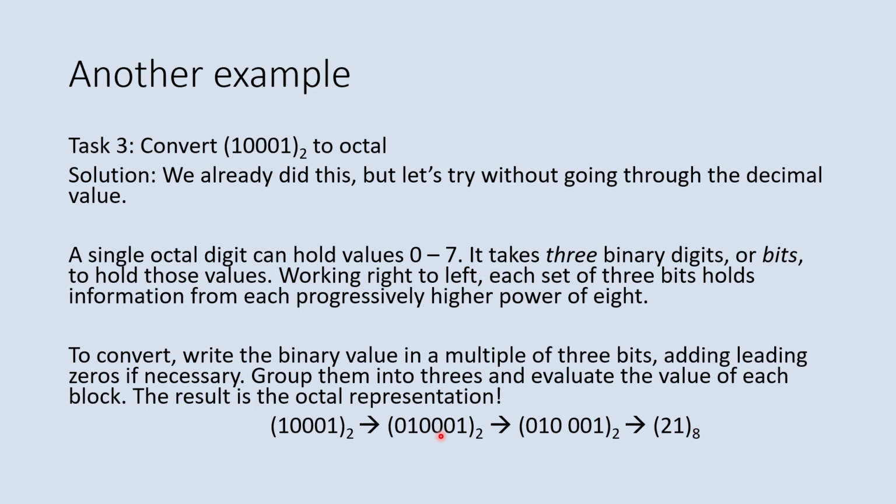So the groups of 3 turn a base 2 representation into a base 8 representation, and the values 0 to 7 are each combined in 3 binary digits.